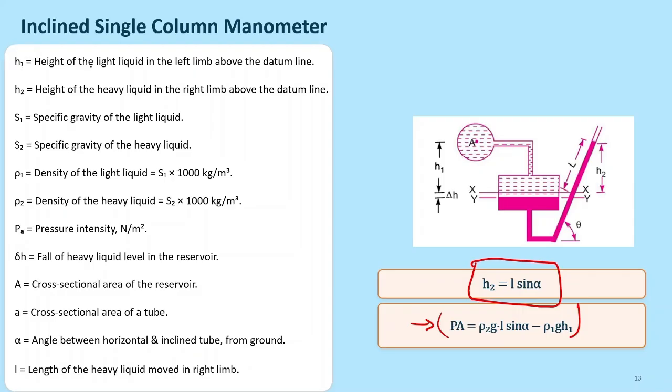This all is the notation. Here, H1 is the height of the liquid in the left limb above the datum line, and H2 is the height of the heavy liquid in the right limb above the datum line.